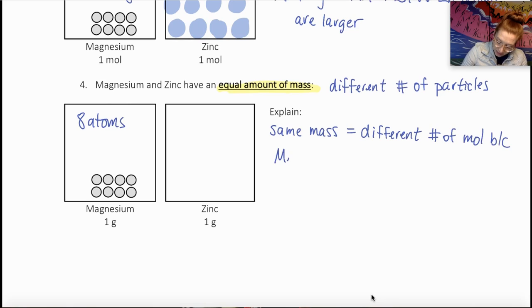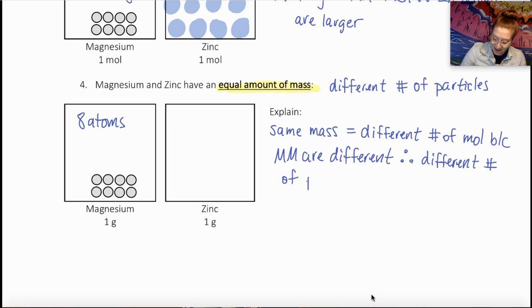Because molar masses are different. So this means that there's going to be a different number of particles. And again, because these are elements, these are atoms.